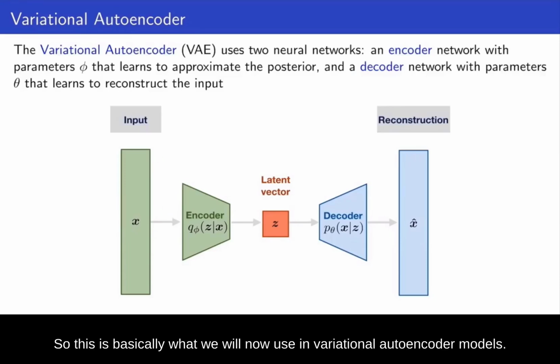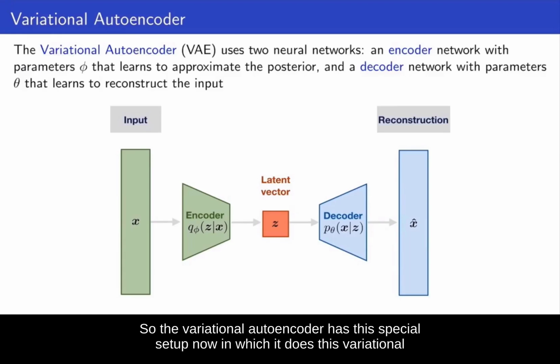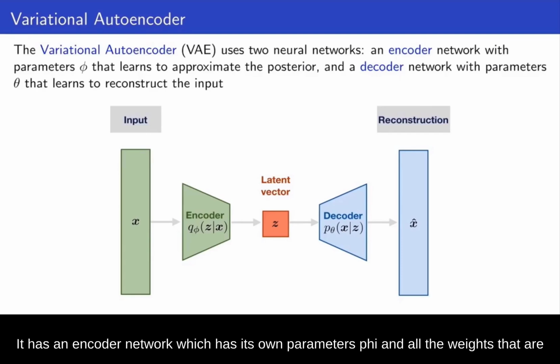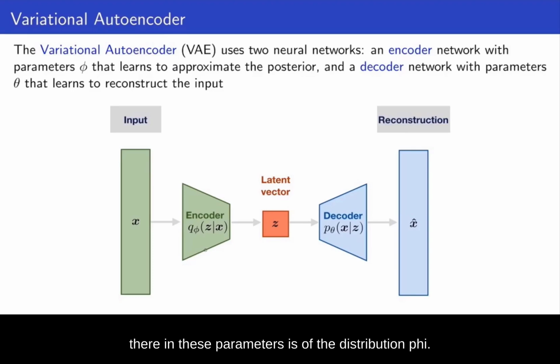So this is basically what we will now use in variational autoencoder models. The variational autoencoder has this special setup in which it does this variational inference. It uses two neural networks. It has an encoder network which has its own parameters phi, and all the weights in these parameters.